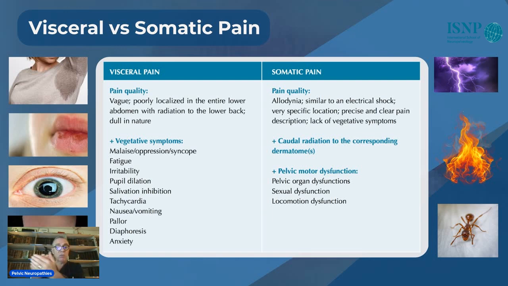Or if the nerve is damaged, the patient will have difficulty emptying the bladder, and may even have to use a catheter to empty the bladder. For the rectum, it is the same: diarrhea and irritable colon on one side, and on the other side, constipation. And for the sexual function, loss of erection, for example.